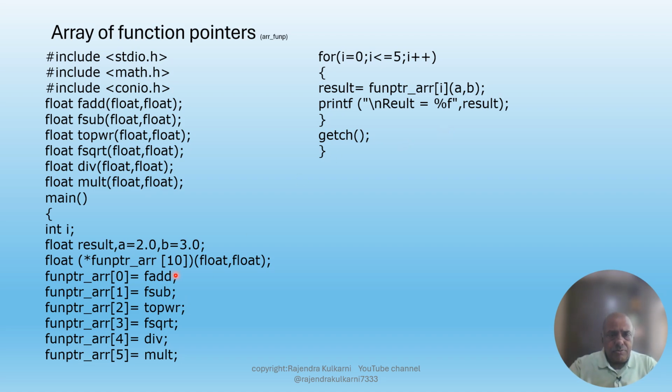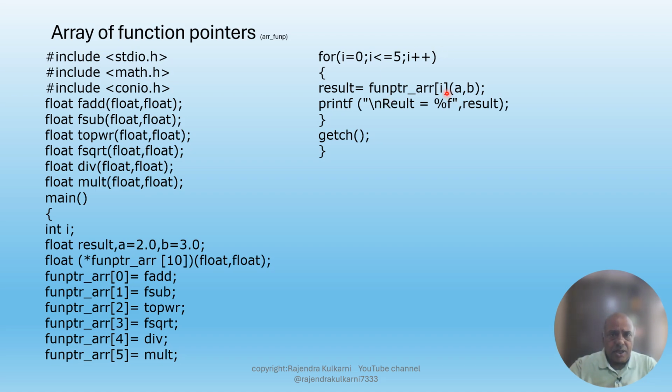So we have declared 6 functions, we have declared an array of function pointers, and to each element of the array we have assigned the starting address, or the base address, of the 6 functions, and we are calling those 6 functions one by one through every iteration of this for loop.